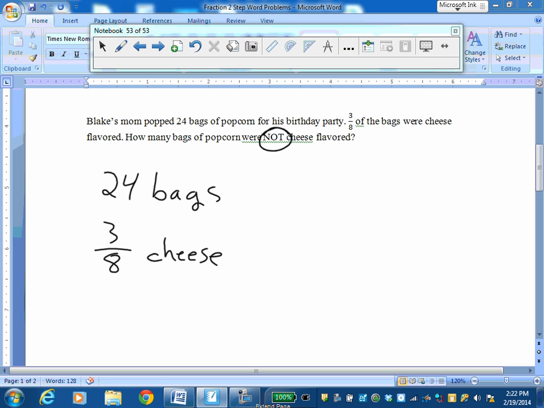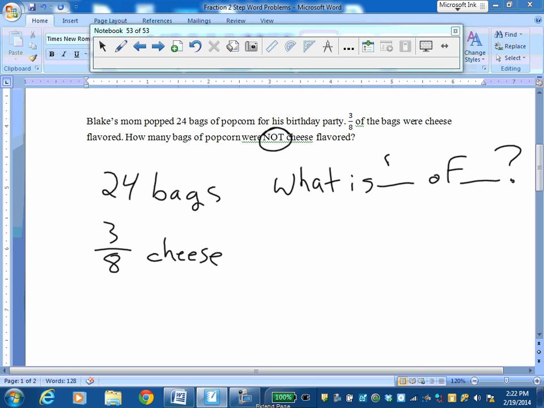That's right. Okay. So the first thing we have to figure out is how many bags are actually cheese. So how do we do that? We ask ourselves if it'll fit into this: what is blank of blank? So this tells us whether or not it's going to be a multiplication problem.